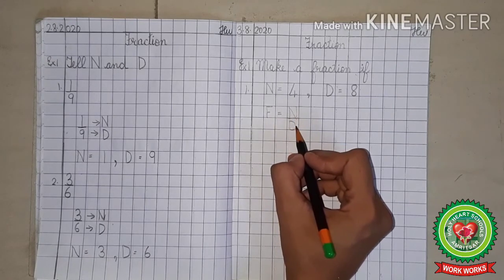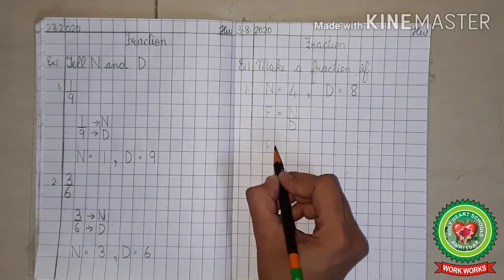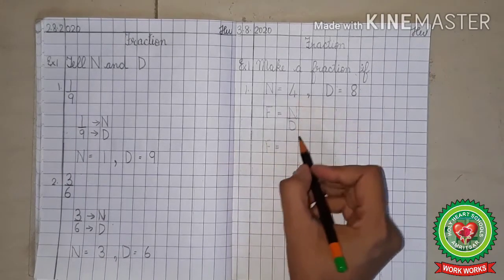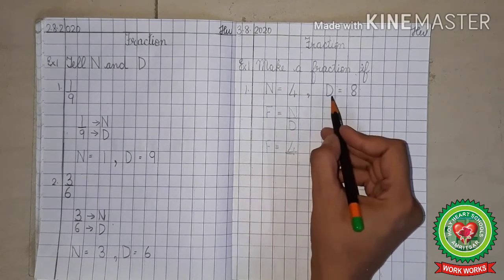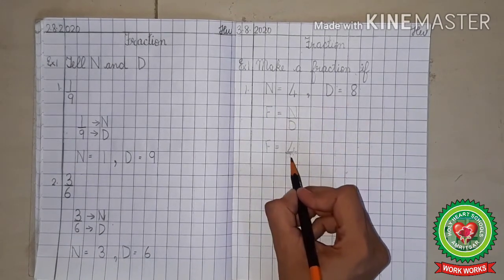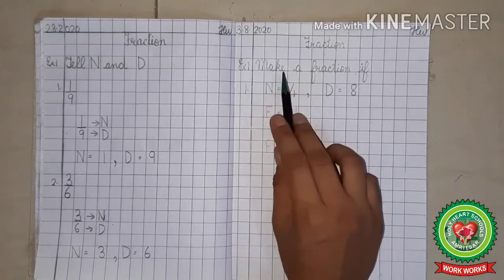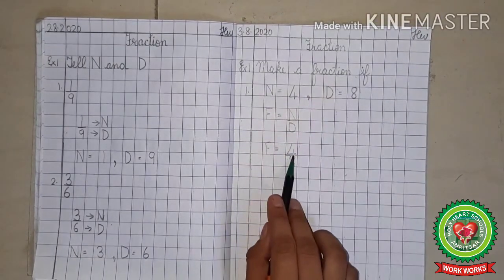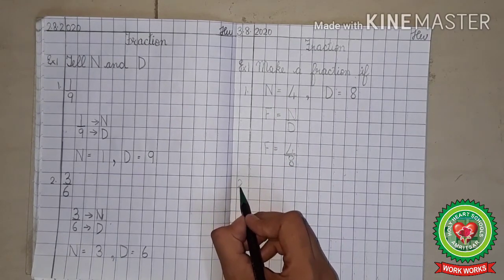So fraction is equal to, what is numerator? 4. Write down 4 upon, what is denominator? 8. So here we will write 8. Now again, what was asked? Make a fraction, and we have made the fraction. Leave one line, put number 2.